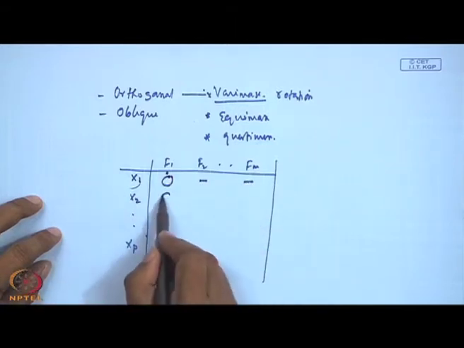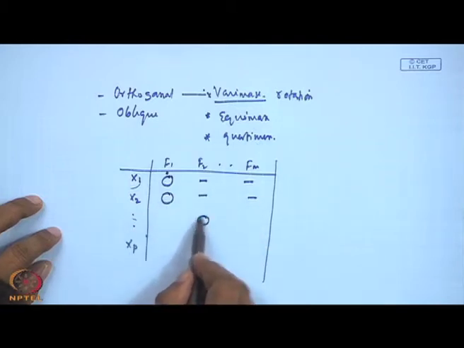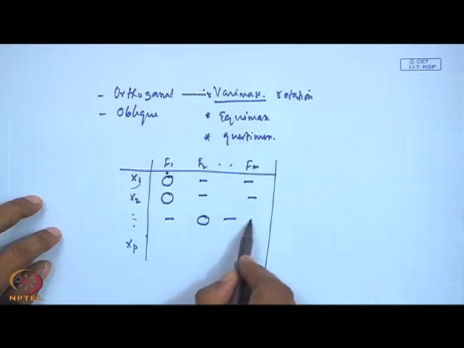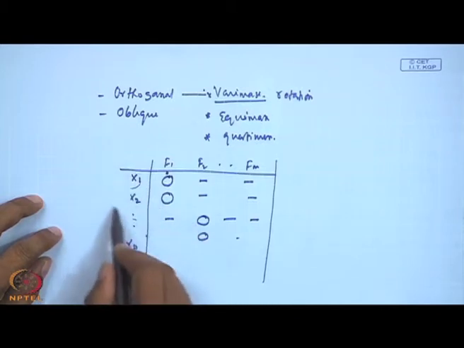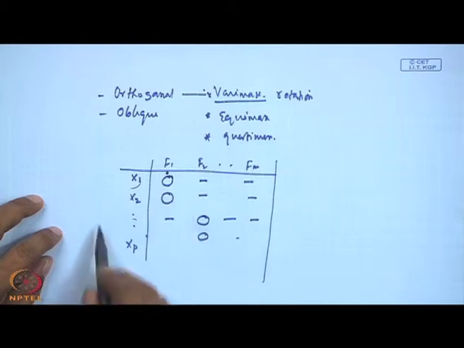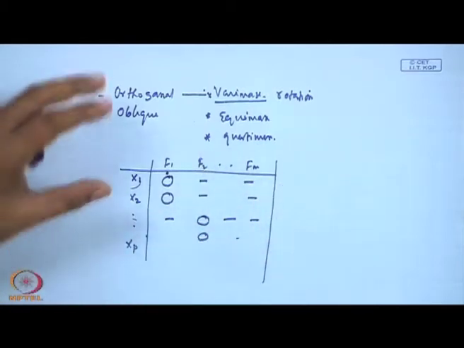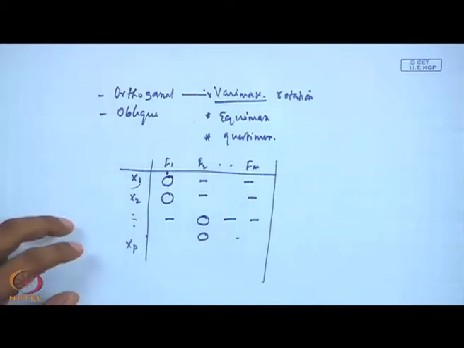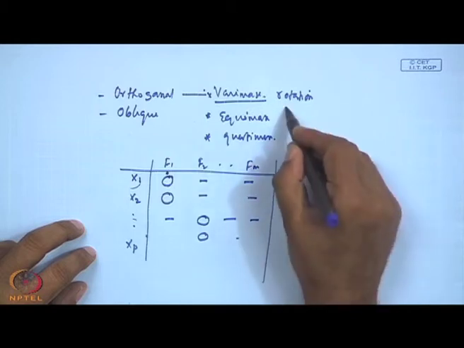Similarly, if x2 is loaded with f1, all other cases will be 0, but some other can be loaded here, all other things will be 0. So, that means it will allow some of the variables to be highly loaded with one factor, and then the rest with another factor, like this a clear structure is visible. That is the advantage, and that is what we want also.